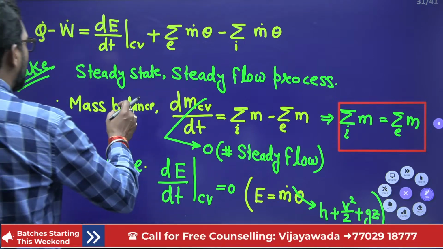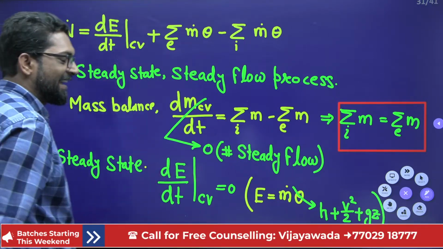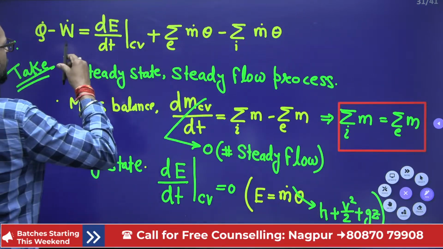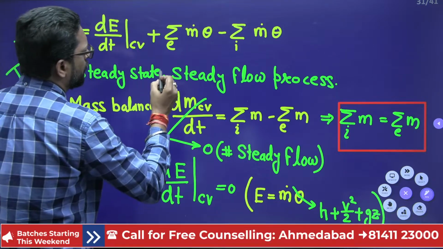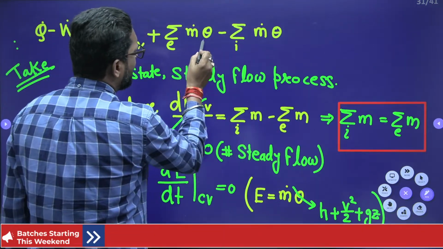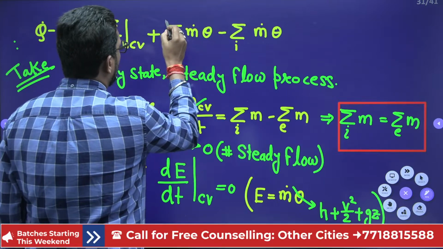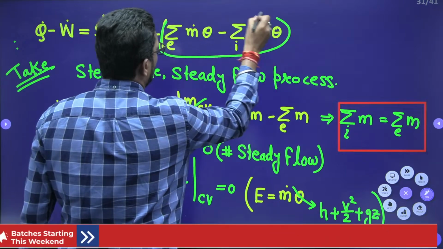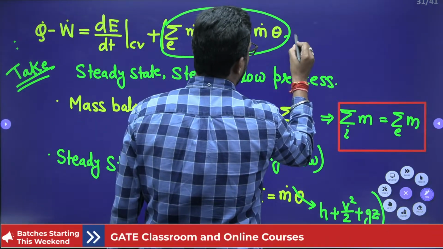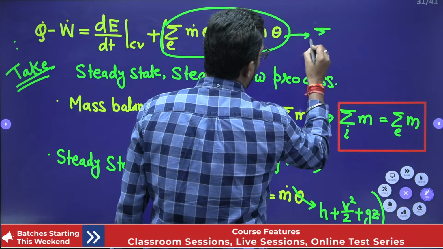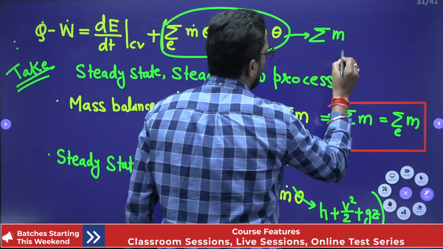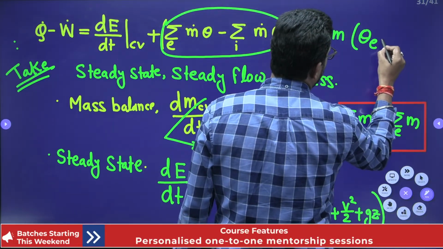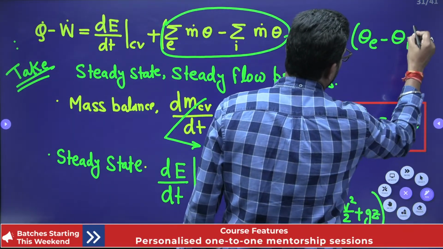Now, if we combine steady flow and steady state, then how will we write this equation? Summation of m into theta exit minus theta inlet, yes or not?